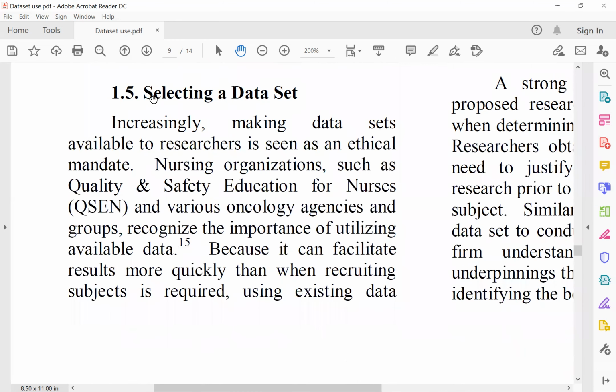Now comes an interesting part, which is selecting a dataset. Increasingly, making datasets available to researchers is seen as an ethical mandate. Nursing organizations, such as Quality and Safety Education for Nurses, QSEN, and various oncology agencies and groups recognize the importance of utilizing available data because it can facilitate results more quickly than when recruiting subjects is required.